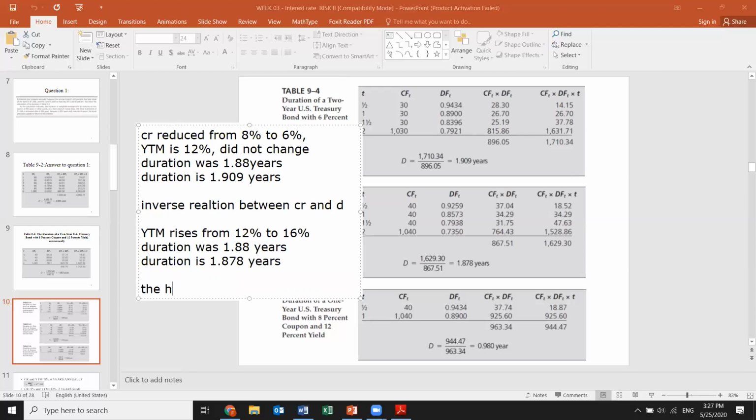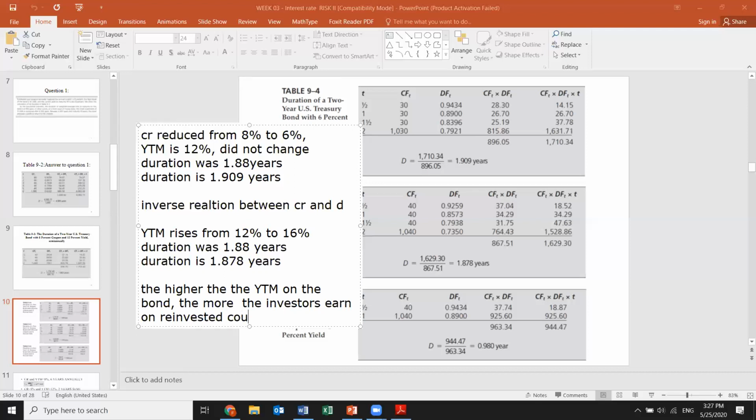So the higher the YTM, the more the investors earn on reinvested coupons, and the shorter the duration.